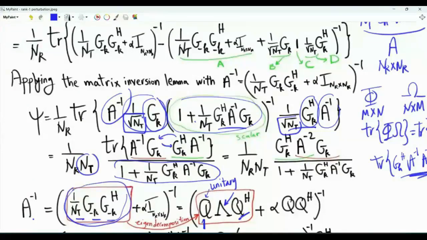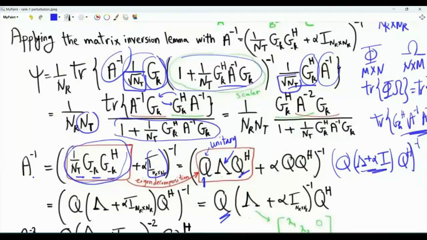We do an eigendecomposition of this matrix, and we can write identity as Q Hermitian. We can take Q as a common factor on the left, Q Hermitian as a common factor on the right. Between them, there will be the diagonal matrix of eigenvalues, big lambda, plus alpha times the identity matrix of size nr by nr. Then we take the inverse of this thing. This is Q, lambda plus alpha I inverse.